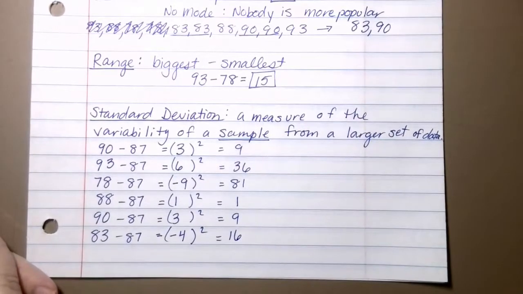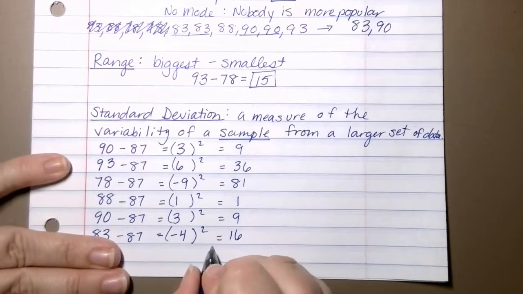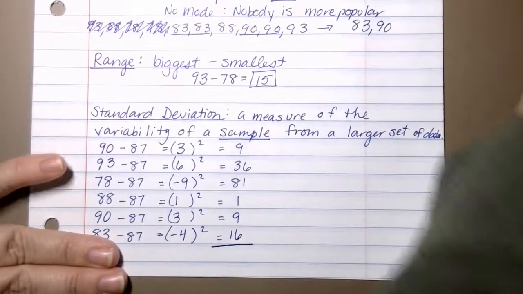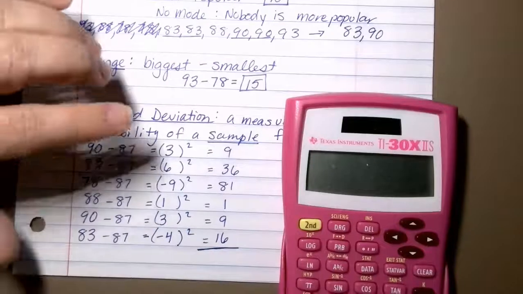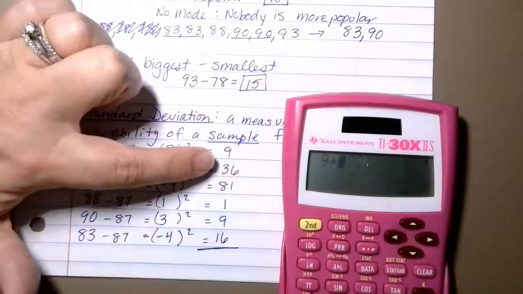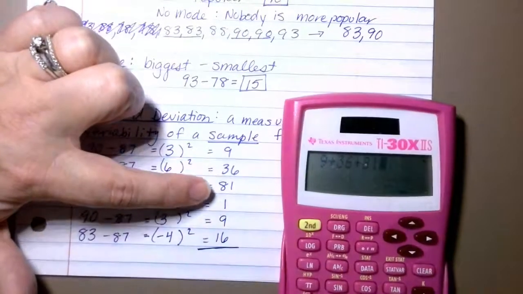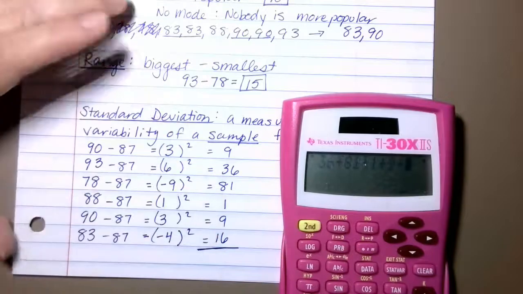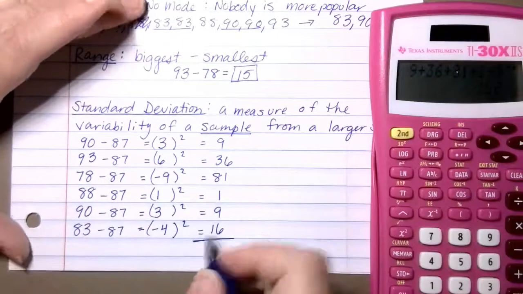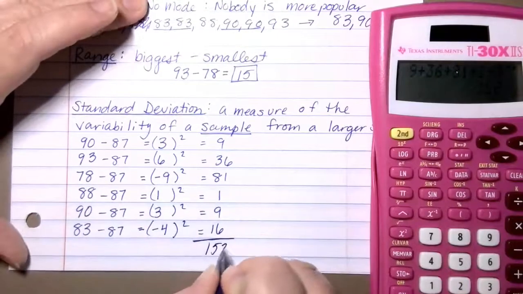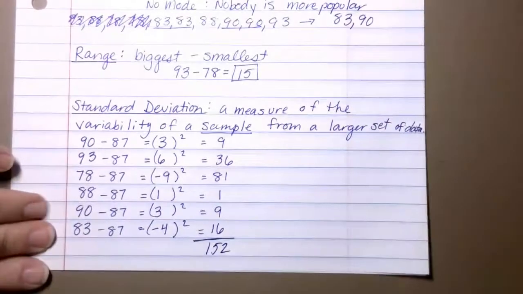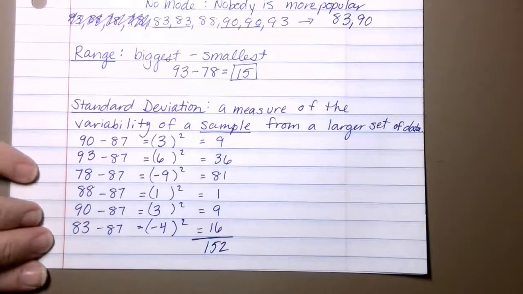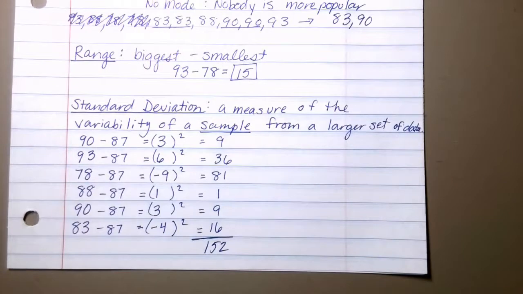So far, so good? Add them all up. So let's see. 9 plus 36 plus 81 plus 1 plus 9 plus 16, 152. Now, 152 is not my standard deviation. I have to do one more thing to that number. Well, technically two things, I guess.